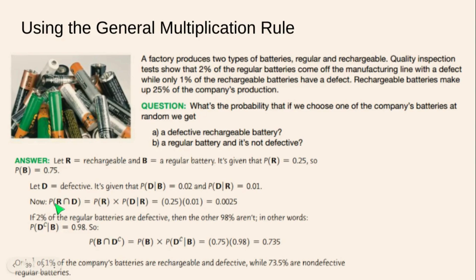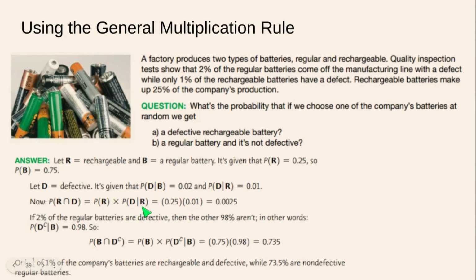So to start answering our questions, probability of rechargeable and defective. That's part A, defective rechargeable battery. Probability of rechargeable and defective is probability of rechargeable times probability of defective given rechargeable. Now the odds that we have a rechargeable battery is 25%.